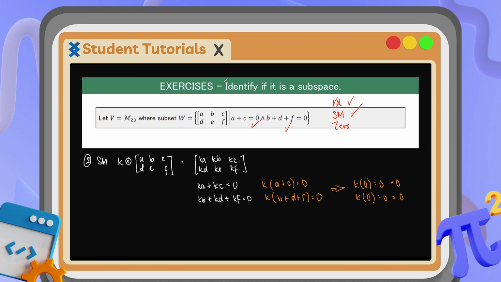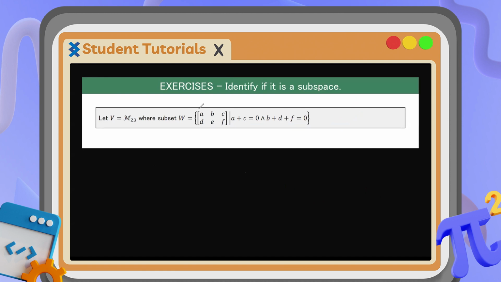And lastly, we need to also evaluate if the 0 vector also exists. So again, given a matrix 0, 0, 0, 0, 0, 0, it should also satisfy the properties given above. So taking this 0 and this 0, which is the A and the C, it gives us 0. Then we take the B, the D, and the F, and it also gives us 0.